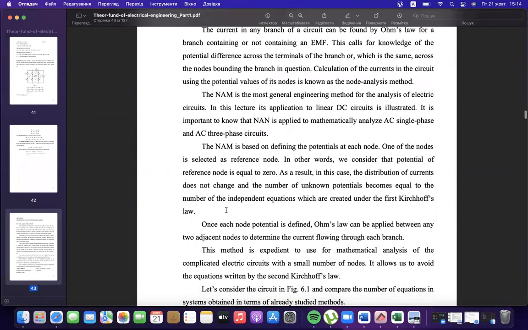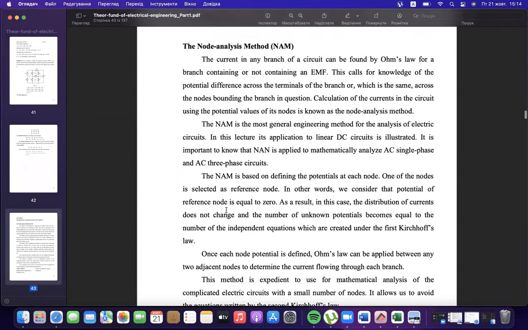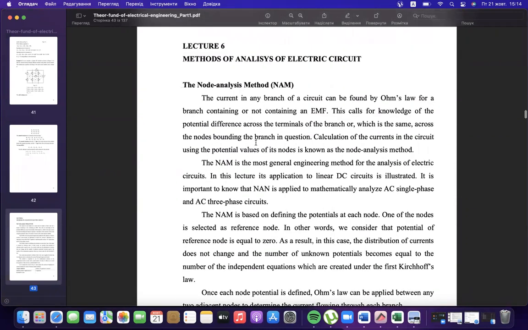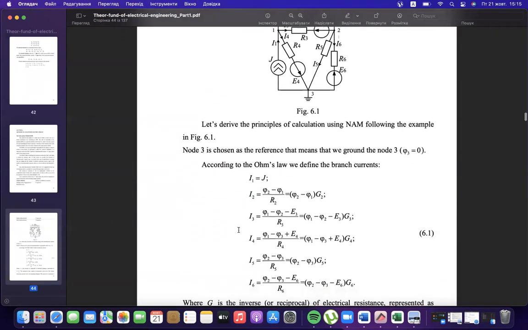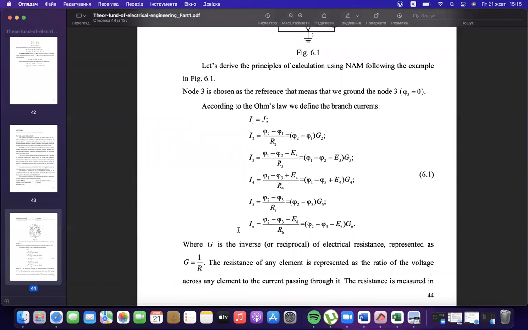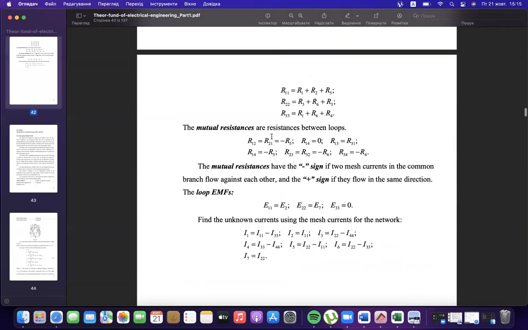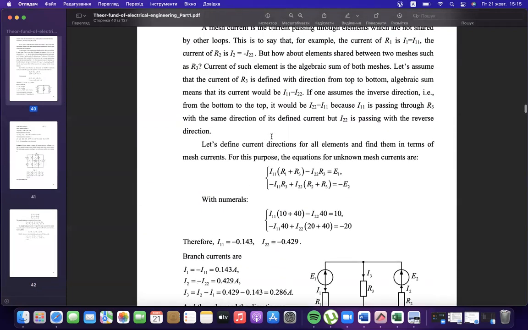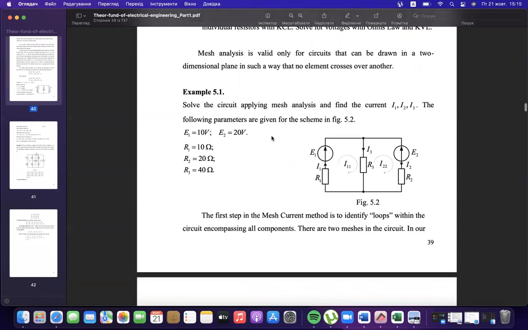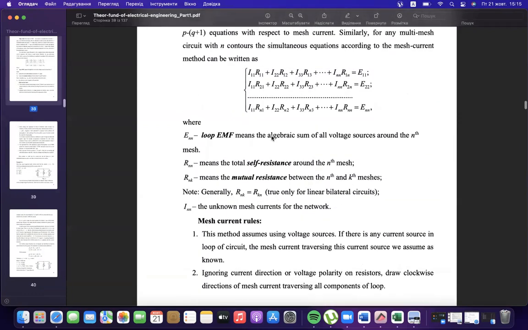Then I think for the node analysis method, let's discuss it next time, because in some terms the mathematics is the same. We are making substitution of currents, but not in terms of mesh currents, but in terms of voltages, in terms of potentials.